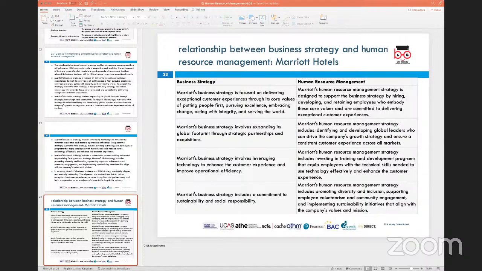What you will generally see is that the head of the management of the business would be looking at how do we get a presence of Marriott hotels in that location. That is the business strategy, because they feel that if they are not in that geography or location, they are missing out on the revenue, the turnover, or the experience that they can provide to their customers if the Marriott hotel chain was present.